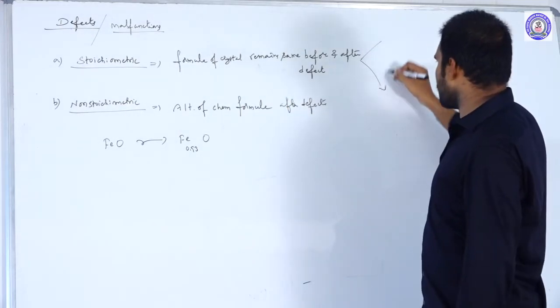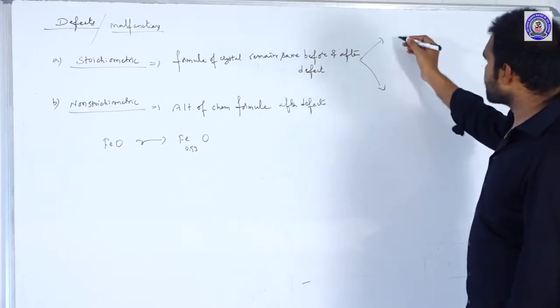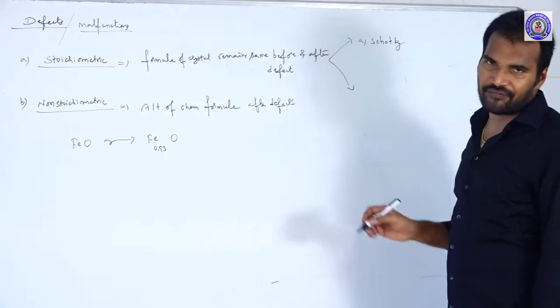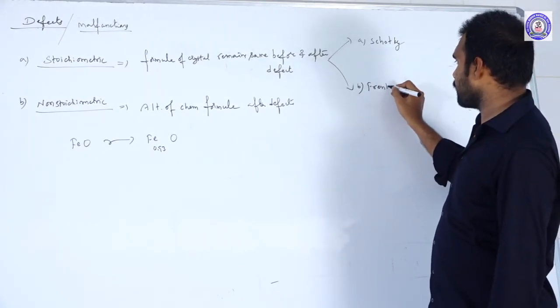So stoichiometric and non-stoichiometric. Again, under stoichiometric we mainly discuss two defects. The first one is the Schottky defect, and the second one is the Frenkel defect.